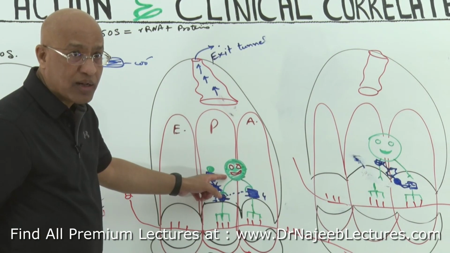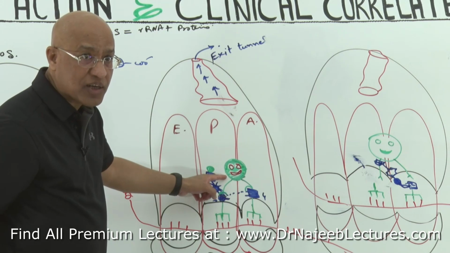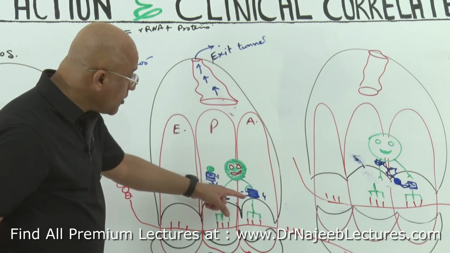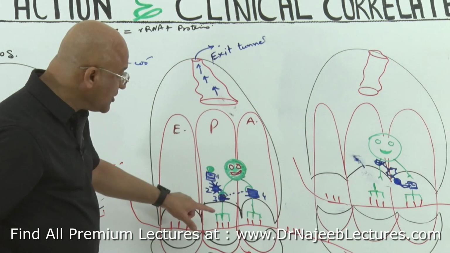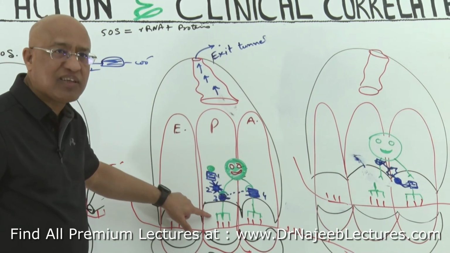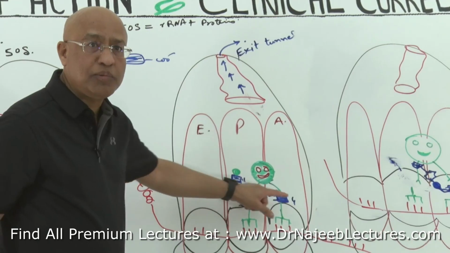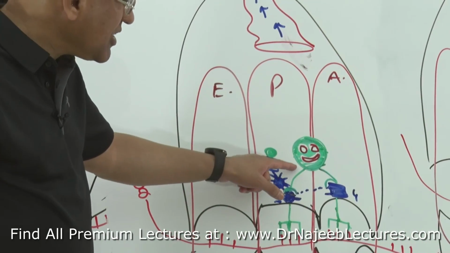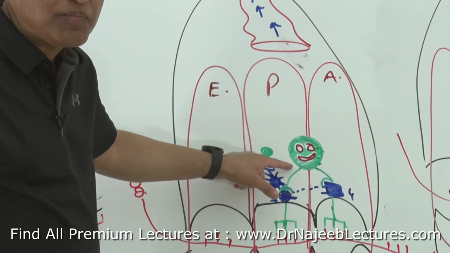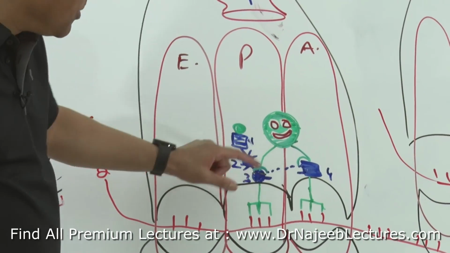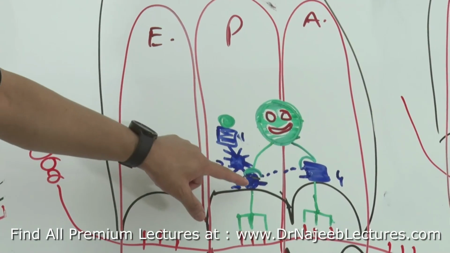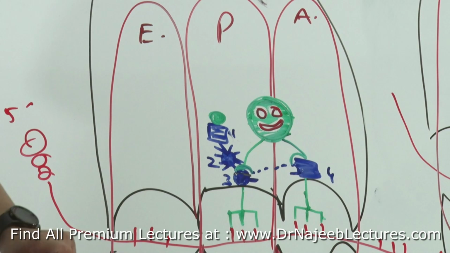The whole world is cruel, including the ribosomal function. What cruel thing does it do? It makes a bond, and this transfer RNA was very happy at the P site. Wow, one more amino acid. But this enzyme, or ribozyme, or 23S ribosomal RNA, will pull the peptide chain away from this transfer RNA.